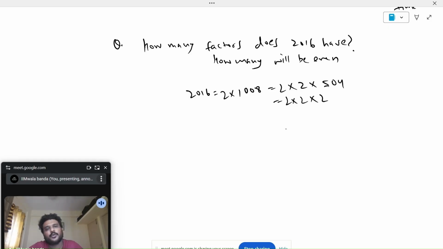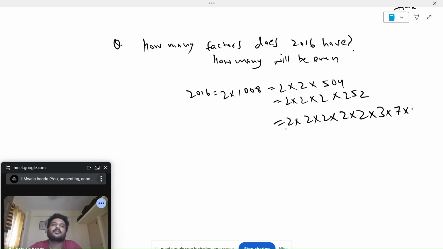2 ones are 2, 2 fours are 8, 2 fives are 10. So 2 into 252. Now I will not do it in the exam like this. I'll just keep on doing it mentally and write. So this is 2 into 126, which is 2 into 63, which is 3 into 21, which is 7 into 3.